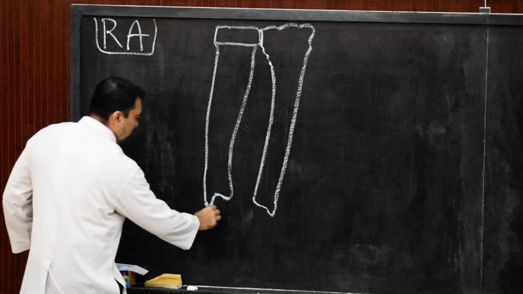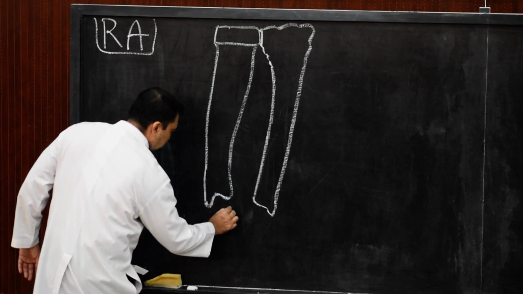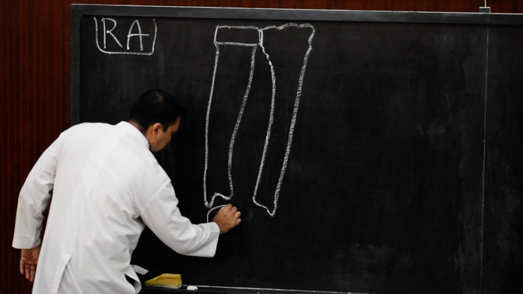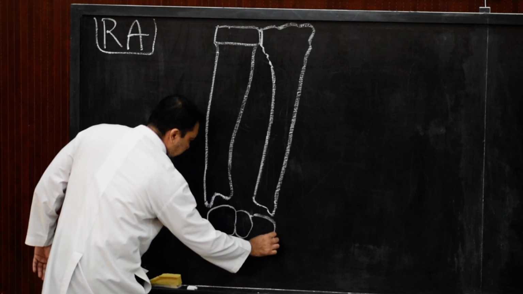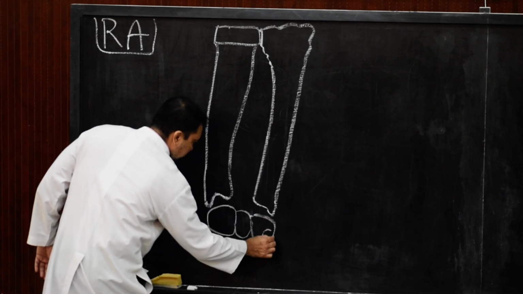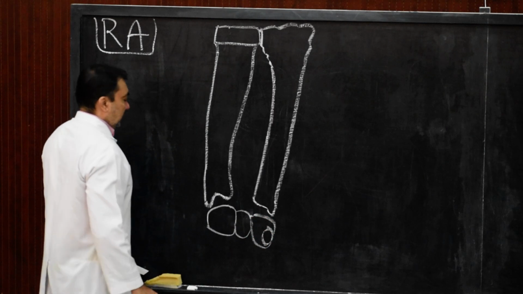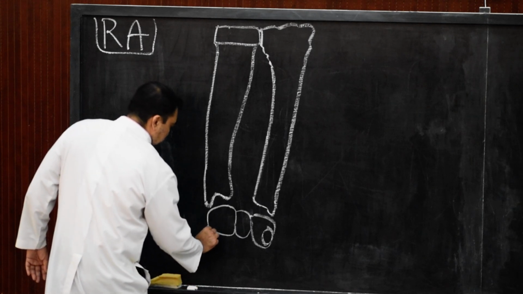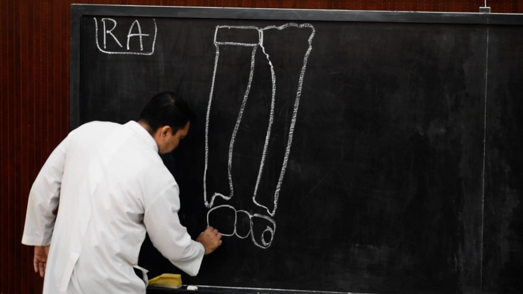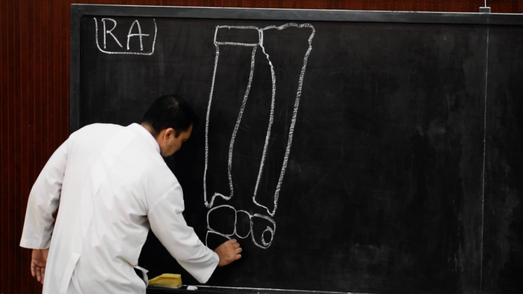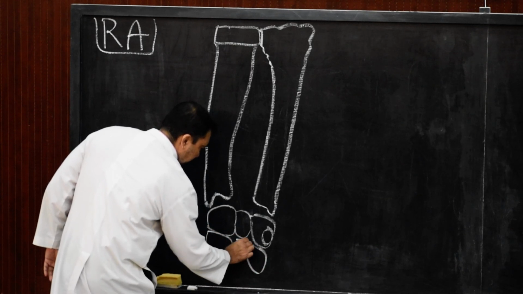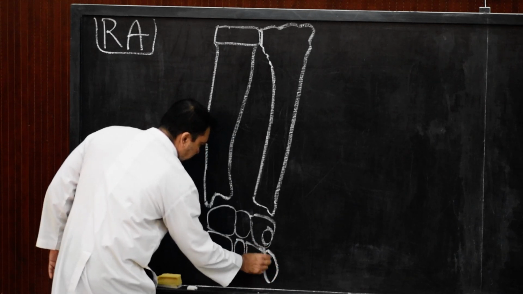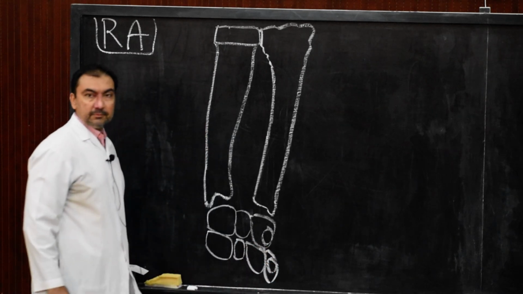Similarly, let us try and draw very fast the carpal bones, and no need to draw the exact dimensions, just try and draw these bones over here, and we are going to show scaphoid, lunate, pisiform, then trapezium, trapezoid, capitate and hamate with its hook.